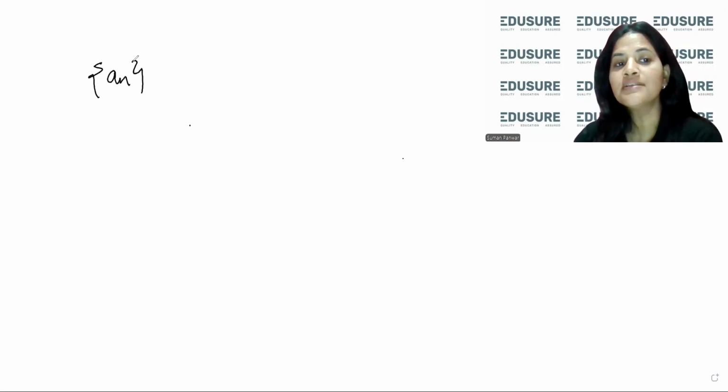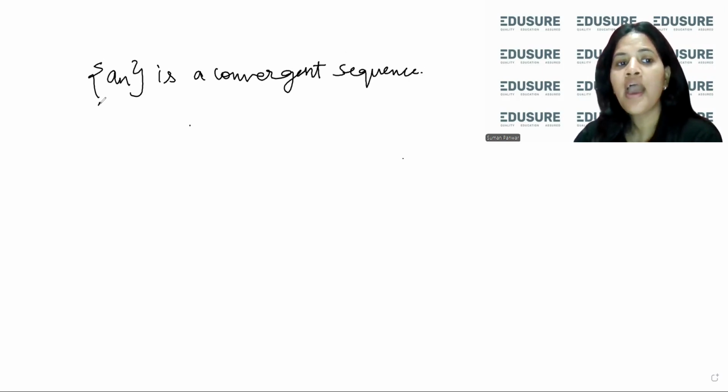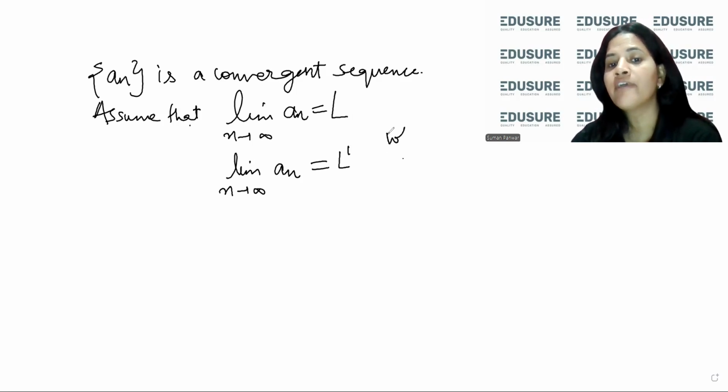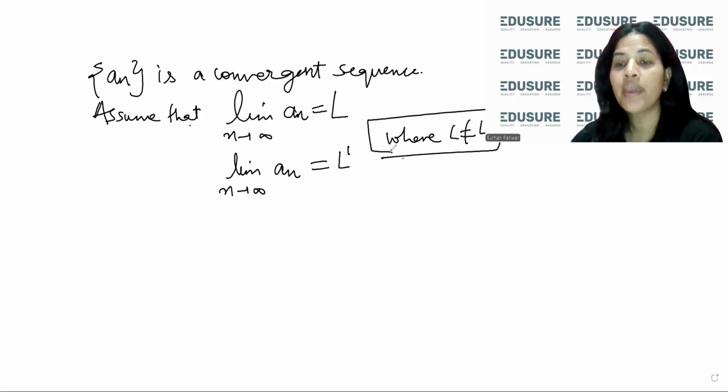All right. So again, let us consider a sequence. Assume that a_n is a convergent sequence, and assume that a_n converges to two different limits. So assume that the limit as n tends to infinity of a_n is L, and also that the limit as n tends to infinity of a_n is L', where L is not equal to L'.